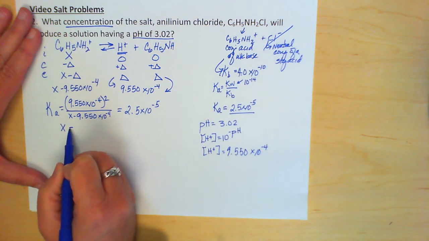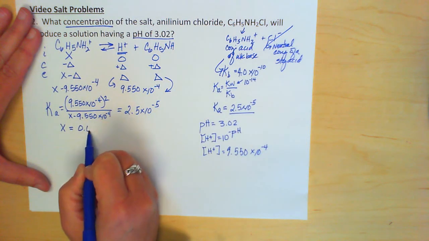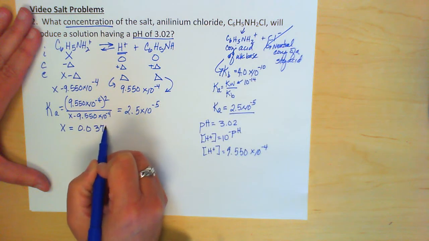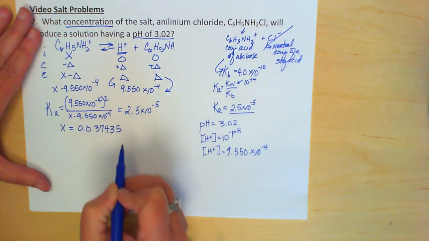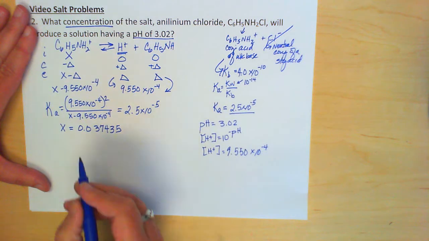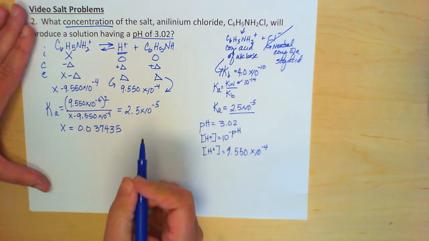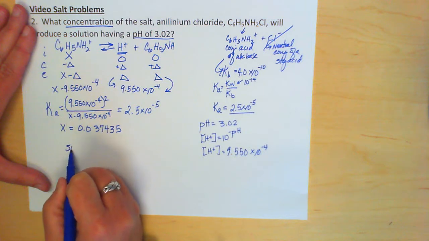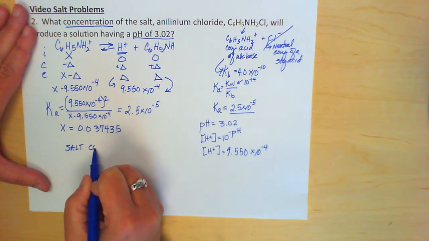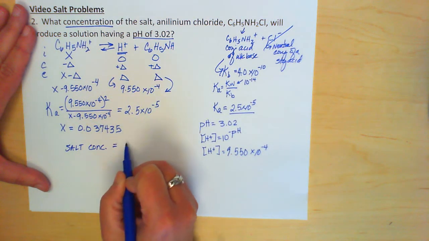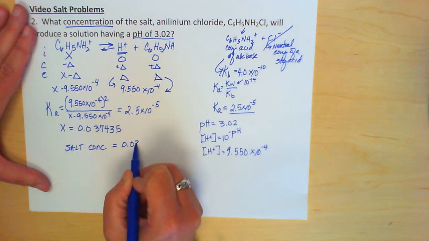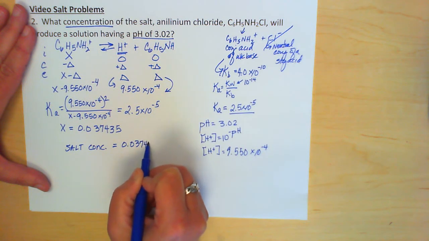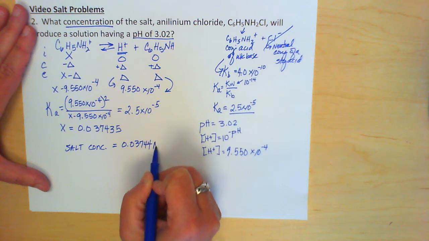You end up with x equal to 0.037435. That means that if we're using 4 non-zero digits, your salt concentration is equal to 0.03744 molar.